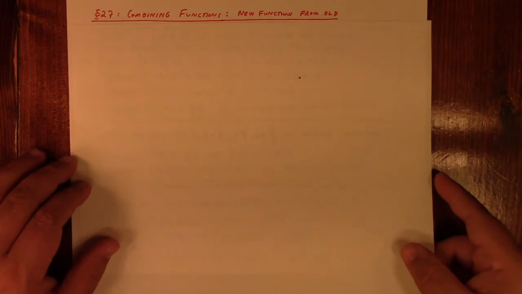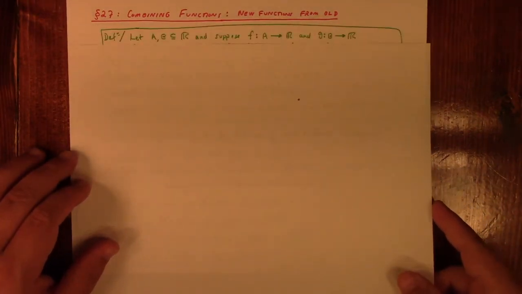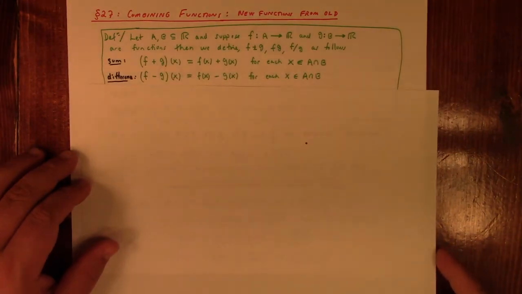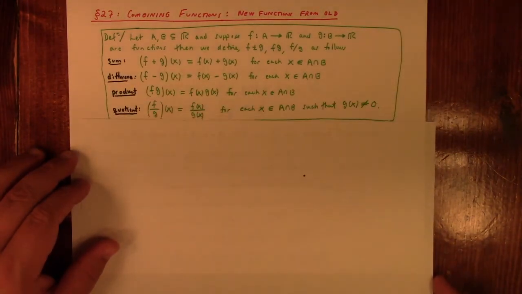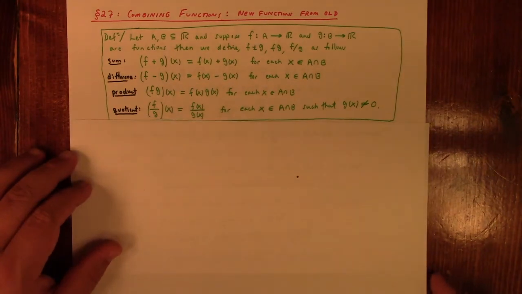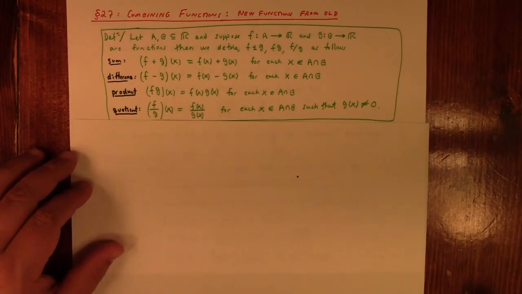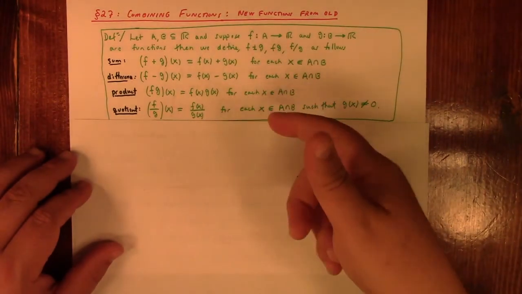Now, most of what I have to talk about for this lecture concerns combining functions, or what you could say new functions from old. And so almost nobody has trouble with what I'm about to tell you. In particular, if I give you 2 functions, you can add them, you can subtract them, you can multiply them, and you can divide them. And to do that, you just add, subtract, multiply, or divide their values at the point, as is defined right here.